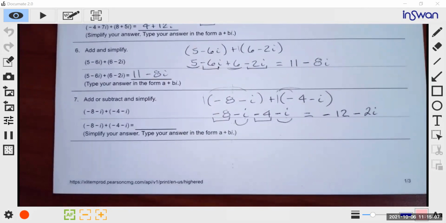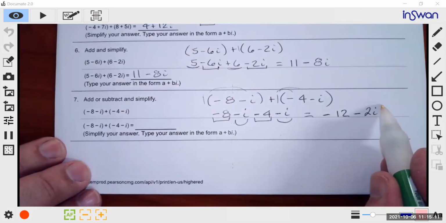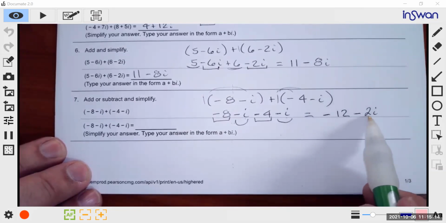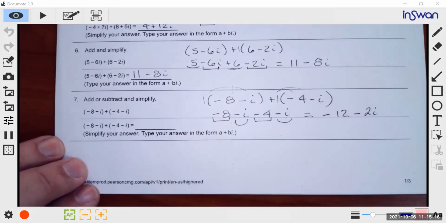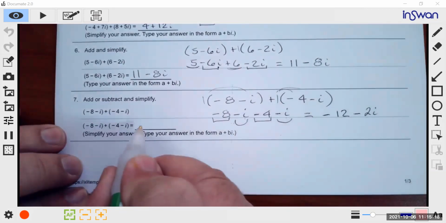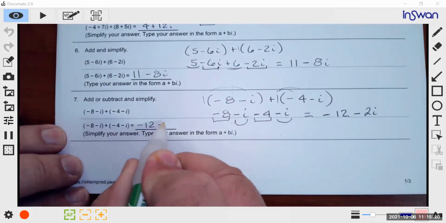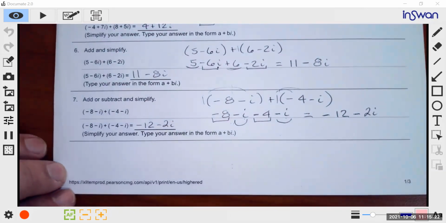So whenever you multiply or divide, that's when you change the exponents. When you add and subtract, you only change the coefficient. Okay, so your answer here is negative 12 minus 2i.